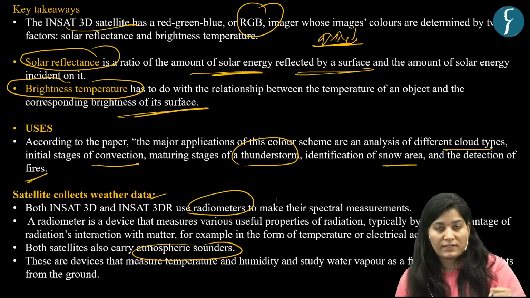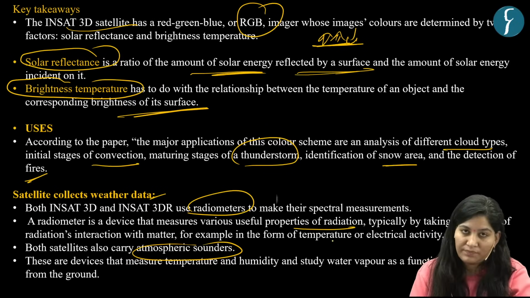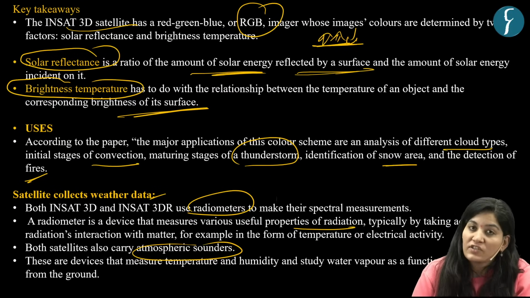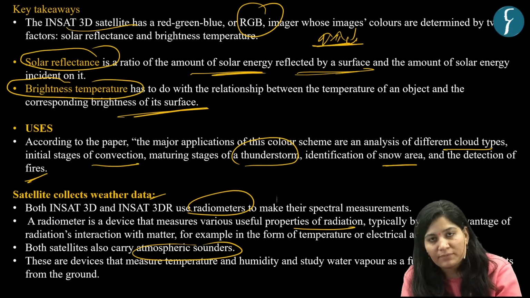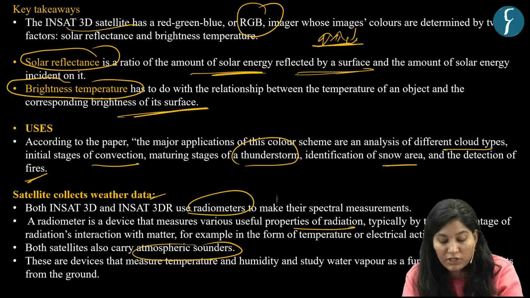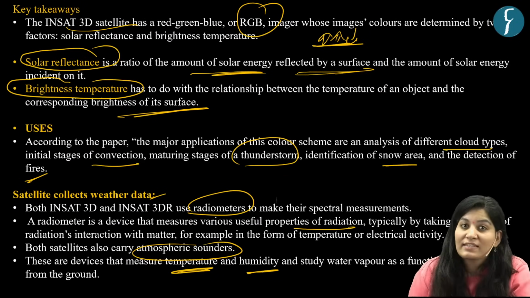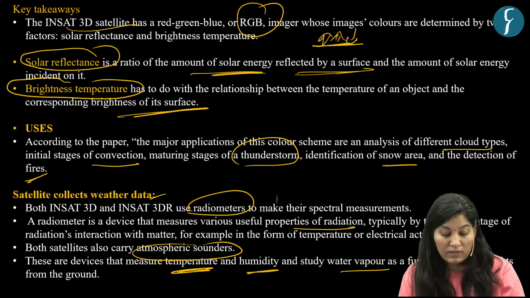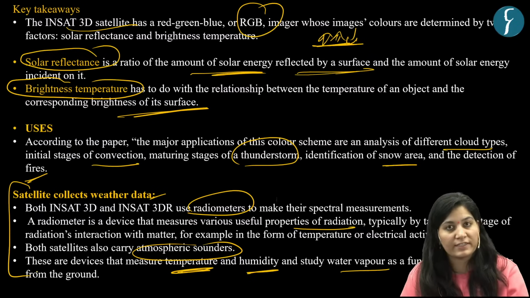As the name suggests, it is a device that measures various useful properties of radiation, typically by taking advantage of radiation's interaction with matter. Second is atmospheric sounders. They measure temperature and humidity and study water vapor. Fine. So this is all about how satellites collect weather data.